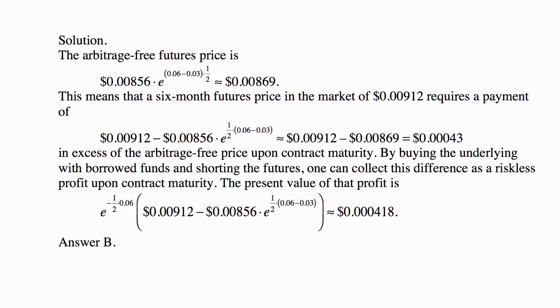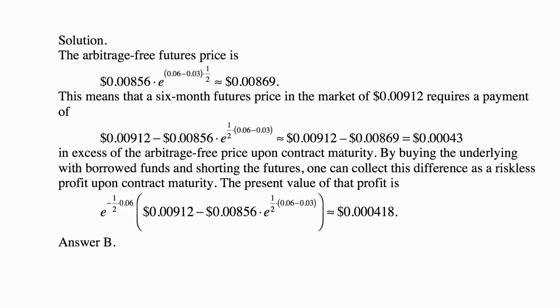Well, this means that there is an arbitrage, because you can buy the inexpensive instrument, the cheap one, and short the expensive one. Futures are expensive, so you short the futures, buy the underlying, you borrow money to do this, and then because you short the futures, you will sell at the futures price, and you collect the difference that we just calculated as a riskless profit upon contract maturity.